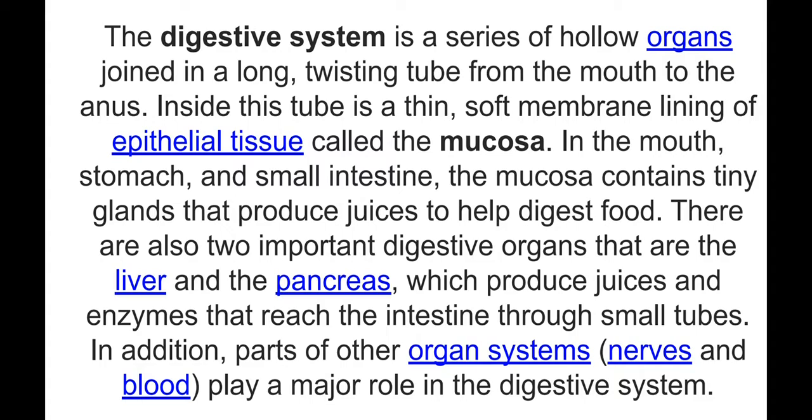There are also two important digestive organs, the liver and the pancreas, which produce juices and enzymes that reach the intestine through small tubes. In addition, parts of other organ systems, like nerves and blood, play a major role in the digestive system.